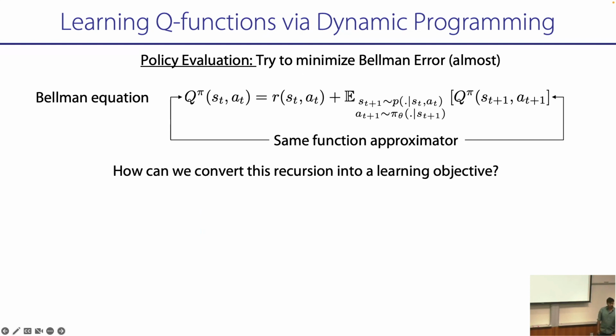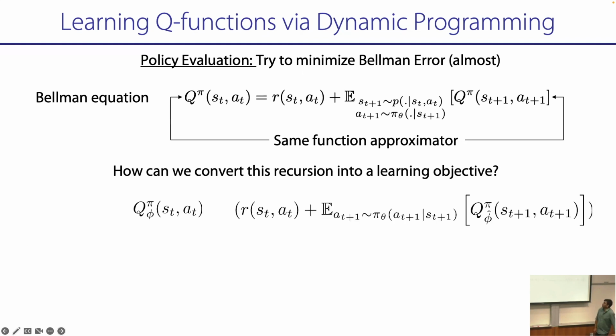But that still is not an objective, right? So how do we turn this into an objective? Well, let's parameterize our Q function by phi, right? You want your Q function to be pretty similar to the true reward r(s_t, a_t) plus the expected Q function at some next state s_t plus 1, given an action a_t plus 1 that you sample from your policy pi theta, right? So you want to make these things as similar as possible.